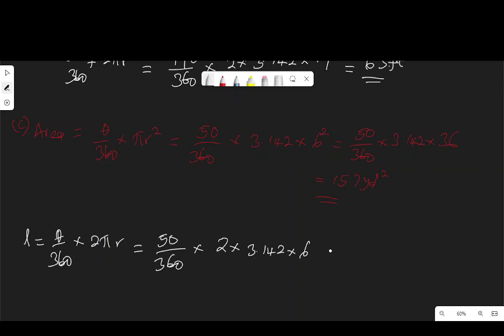Putting that into the calculator, we have 50 times 2 times 3.142 times 6 and divided by 360. That is 5.2 approximately yard. Okay, that is the length of that arc.